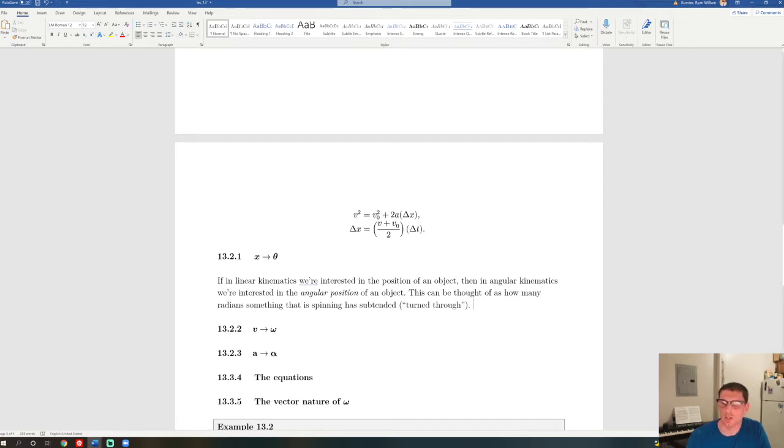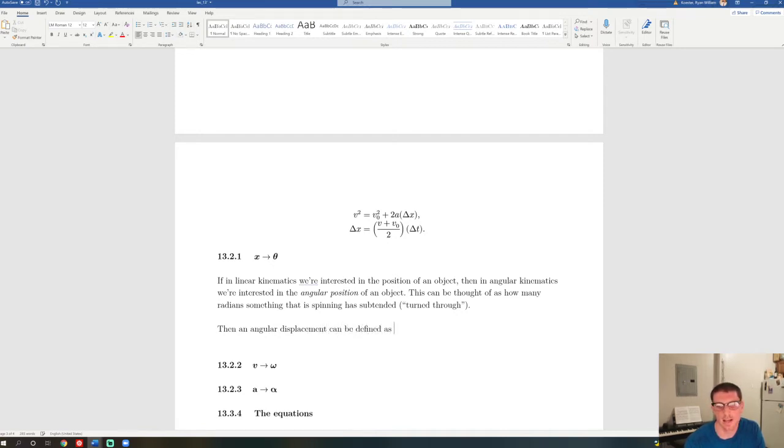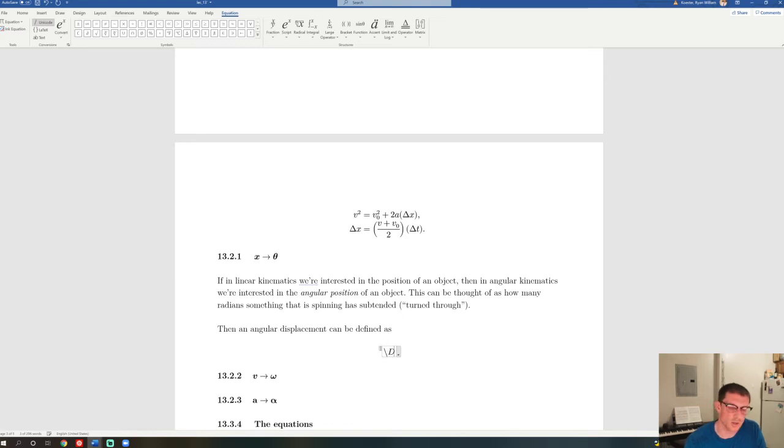So let me just say this. I want to say then an angular displacement can be defined as essentially a change in the angular orientation of something, right?